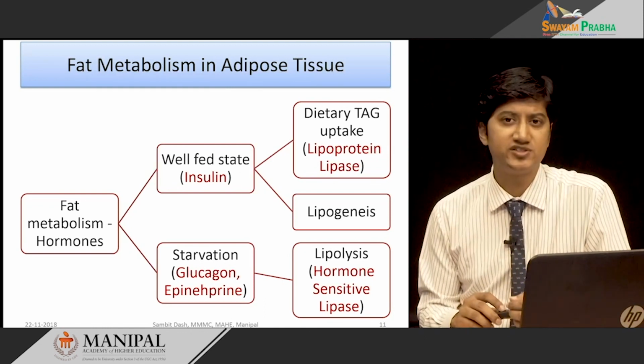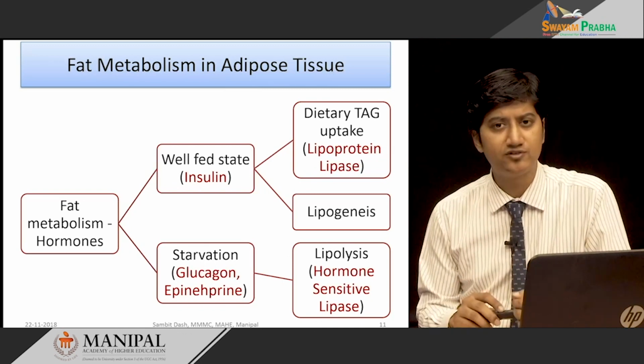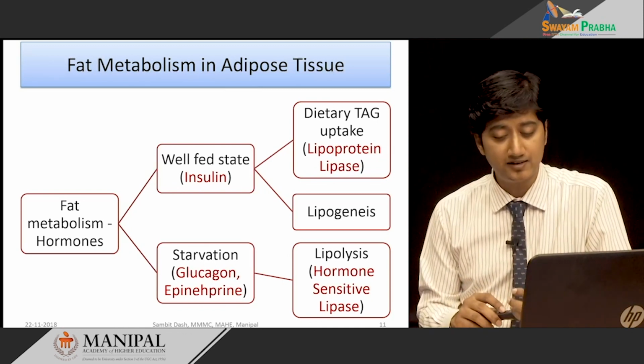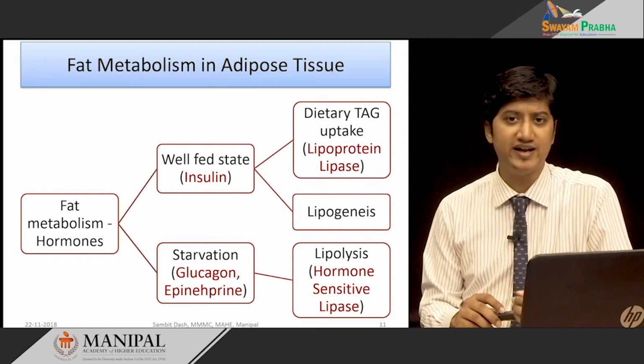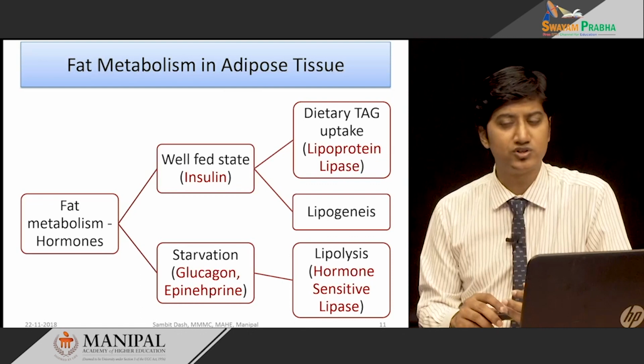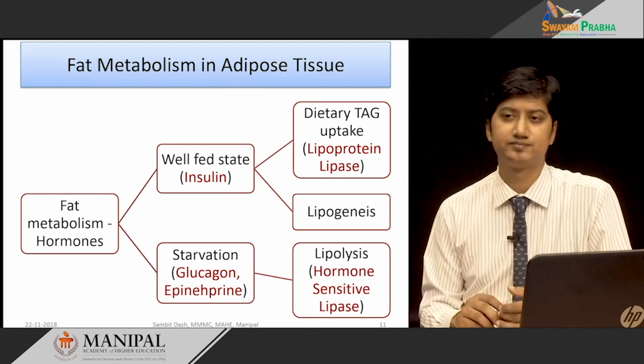In a starvation state, we need to break the fat or lipolysis, and a crucial enzyme there is hormone sensitive lipase, which gets activated under the influence of glucagon and epinephrine.